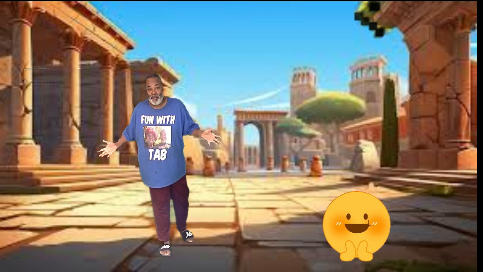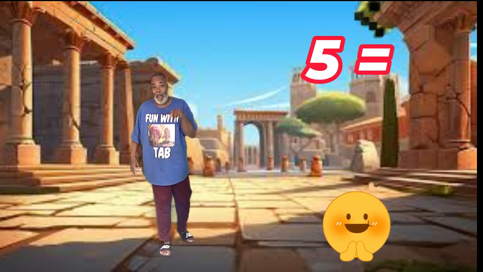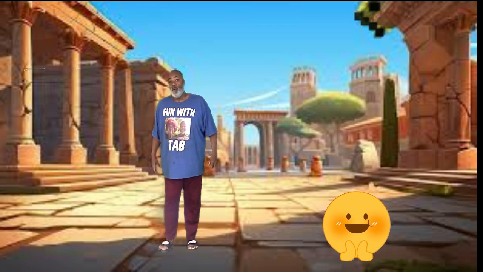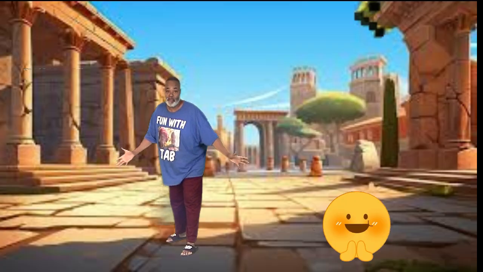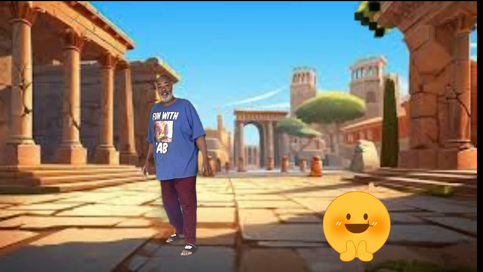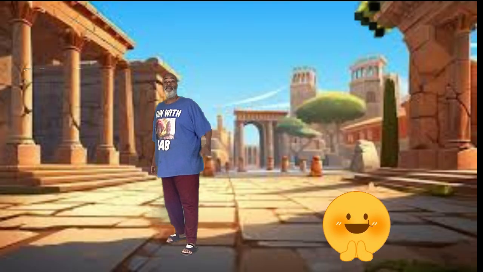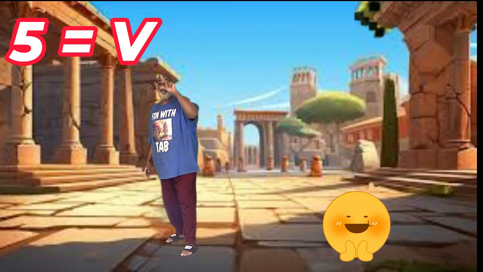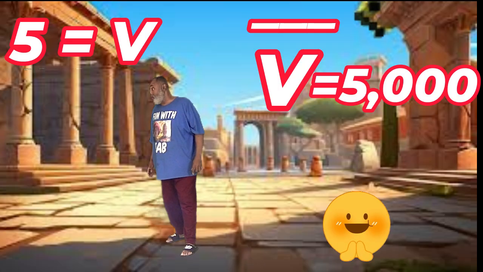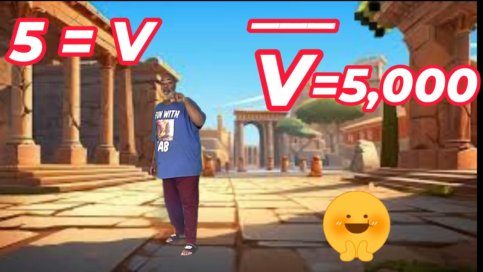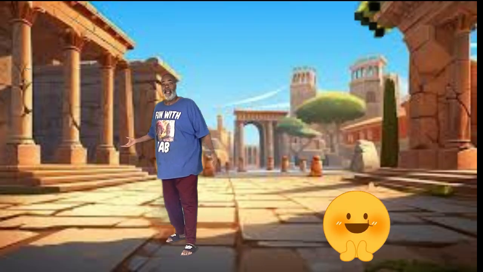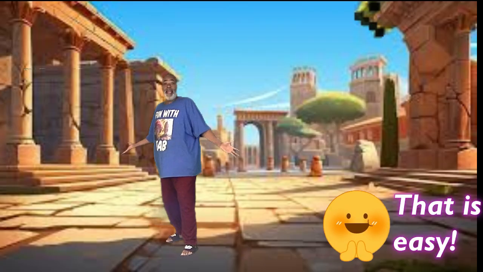You already know what 5 is, capital V. So when we're talking about the thousands, all we have to do is put a line on top of what we already know. So if we know 5 is capital V, 5,000 would be capital V with a line on top. That's it.